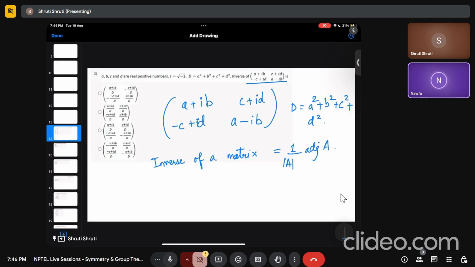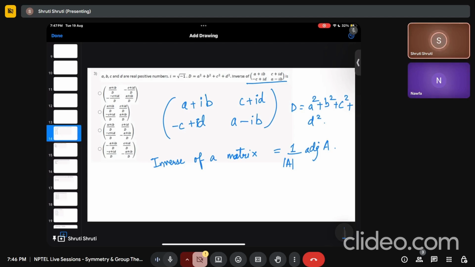Ma'am, actually, I solved this before, and I think there is some discrepancy in the question because my answer wasn't there in the options. I guess it's supposed to be A minus IB, and then I got the answer, and it was correct.